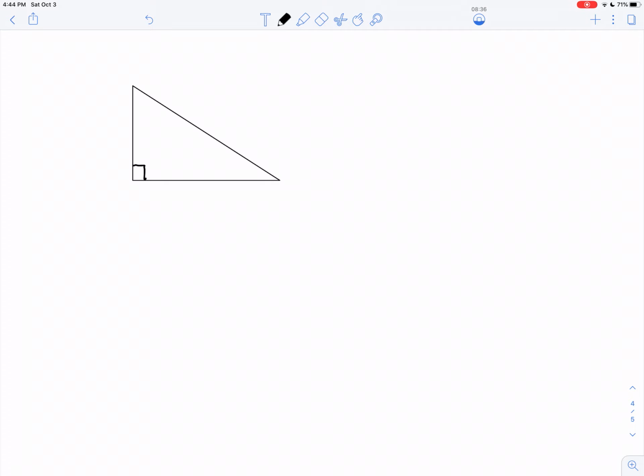But there's my right angle, and then they might stick the theta up in the corner here. What are they really just trying to mess with your mind on? Well, which side's the hypotenuse? The hypotenuse is still going to be the longest side, and it's opposite the right angle. This side over here would be considered my opposite side, and this side over here would be the side that is adjacent to that angle.